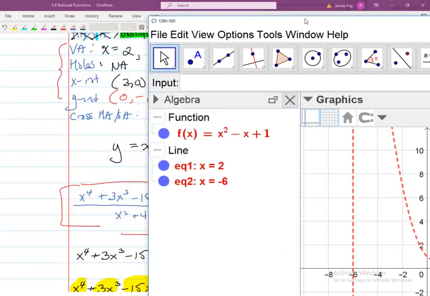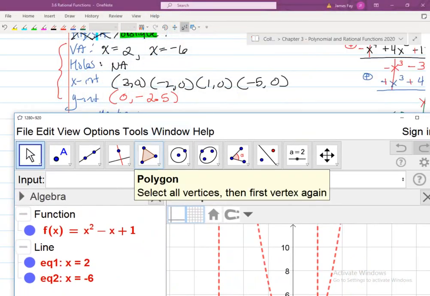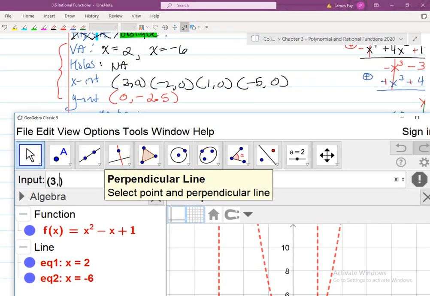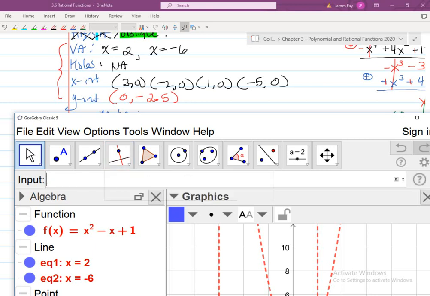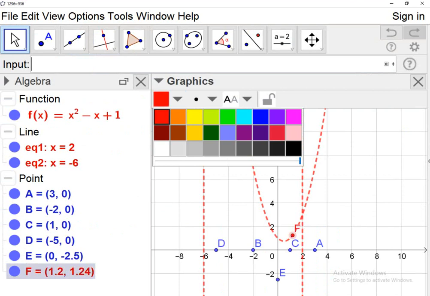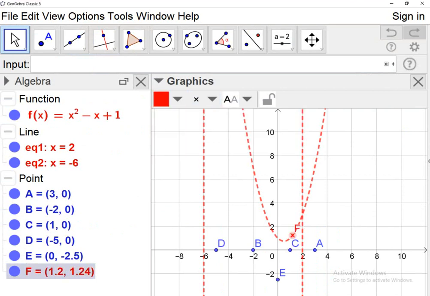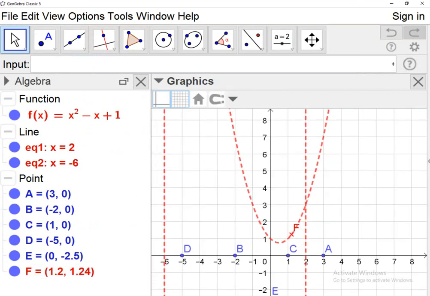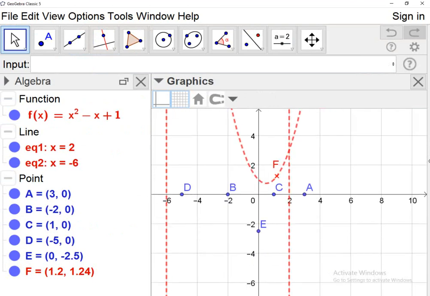Now we also had some x-intercepts, a lot of them: (3, 0), (negative 2, 0), (1, 0), (negative 5, 0), with a y-intercept of (0, negative 2.5). And we crossed our oblique asymptote at (1.2, 1.24). And that is point F there. I'll just make it an X because that's where we cross. Okay, so we get all this information.